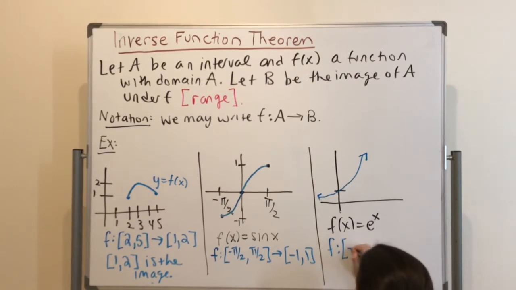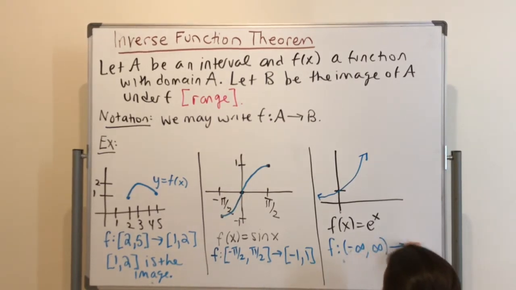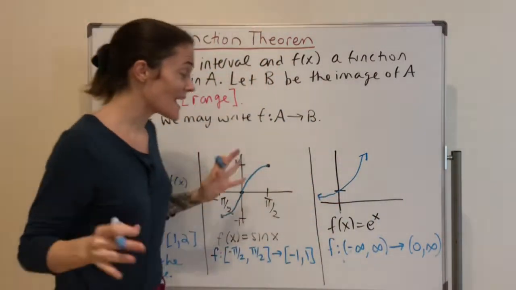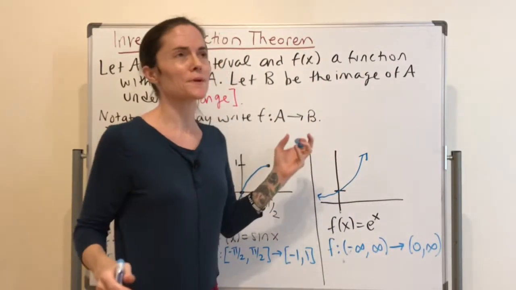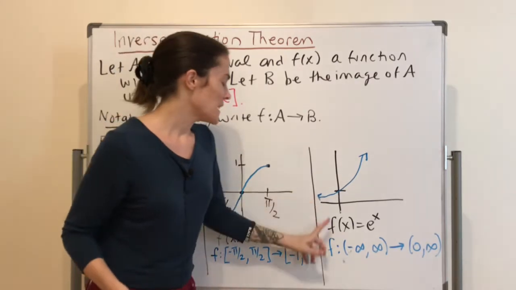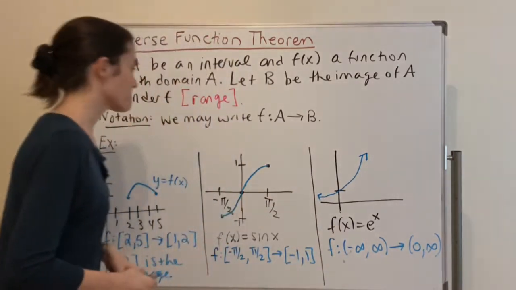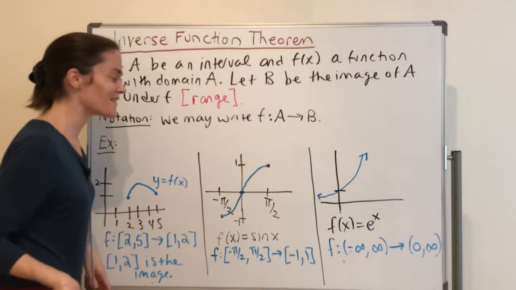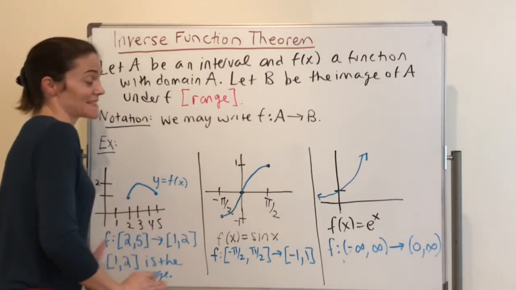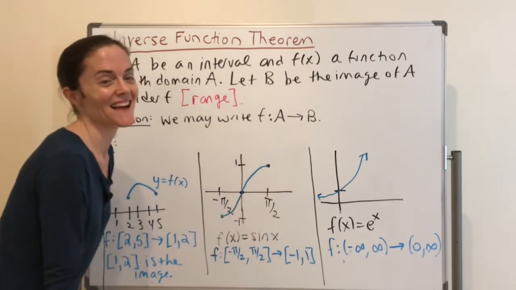And f maps, pardon me, the open interval minus infinity to infinity onto 0 to infinity. The image of e to the x is just the positive real numbers, and I think we used that a few videos ago. So here are three functions where I wrote down some intervals on the left-hand side and images on the right-hand side.